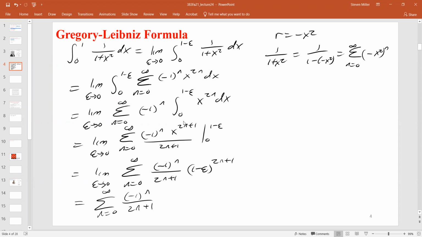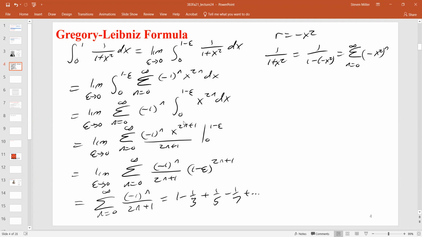What's wonderful about this is it's going to be an alternating sum. So it's going to be 1 minus a third plus a fifth minus a seventh plus and so on. So if you stop after a positive sign, you've overshot the answer. If you stop after a minus sign, you've undershot the answer. And essentially, when you look at it, it's going to look like an error of size 1 over n squared.